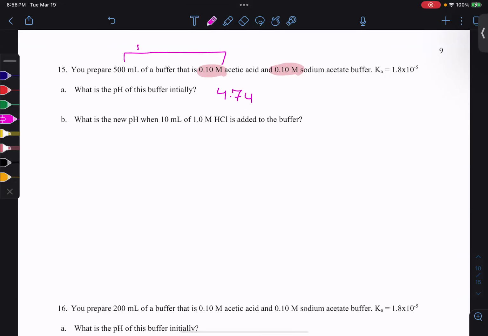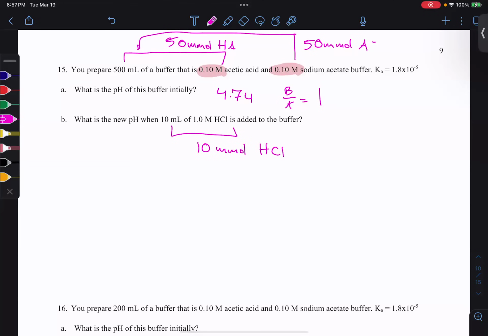But the difference is how many millimoles of HA are present right now? Initially, 50 millimoles of HA. And how many millimoles of the base are there? 50 millimoles of A minus. So that base to acid ratio is still 1. But when we add 10 millimoles of HCl, what is the new base to acid ratio?